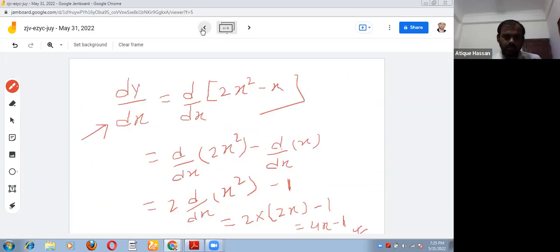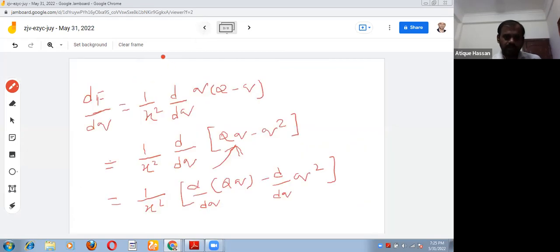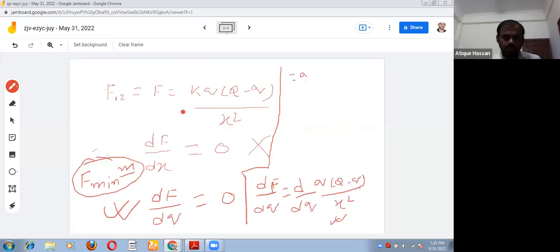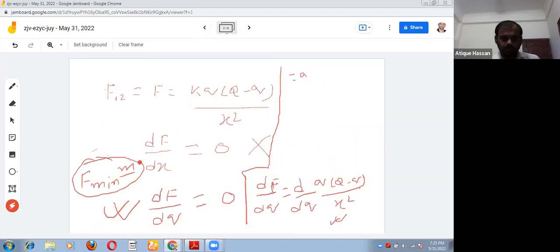You were asking why we were finding df by dq, because in this question, here we have a function f in terms of q, with q and q squared. So for f to be maximum, df by dq should be equal to 0.